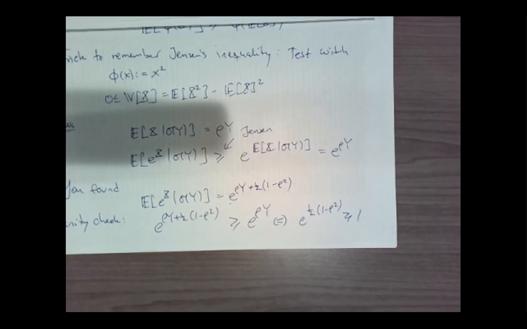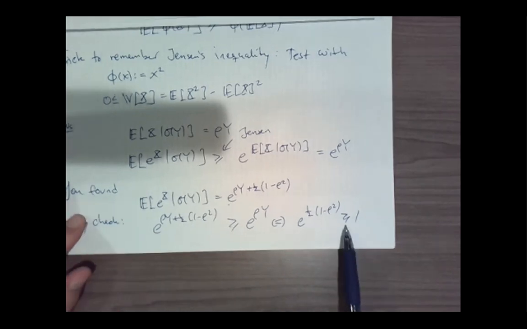Do we know what rho is again? It was the correlation coefficient. Where do correlation coefficients live? It's probably less than 1. It is squared, right? Yeah. So this is true.